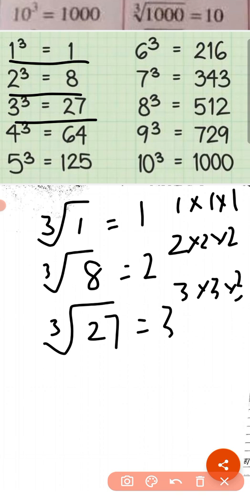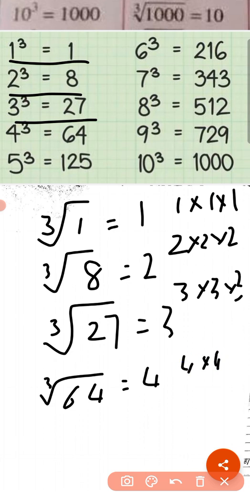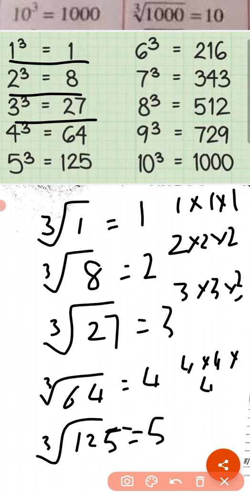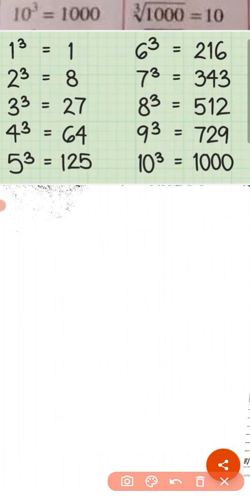Okay. Cube root of 64 is equal to 4. That means 4 into 4 into 4 is equal to 64. Cube root of 125 is equal to 5. That means 5 into 5 into 5 is equal to 125. Okay.